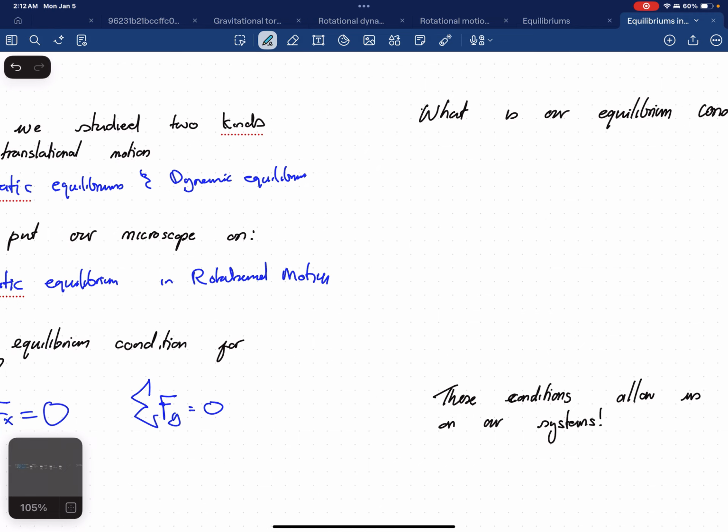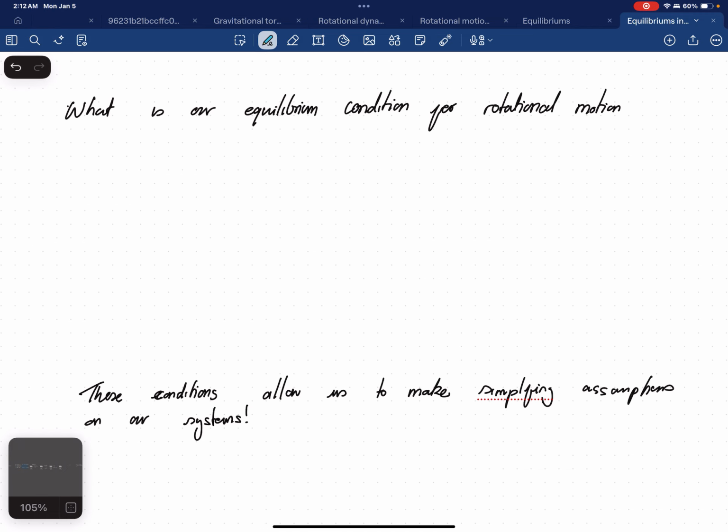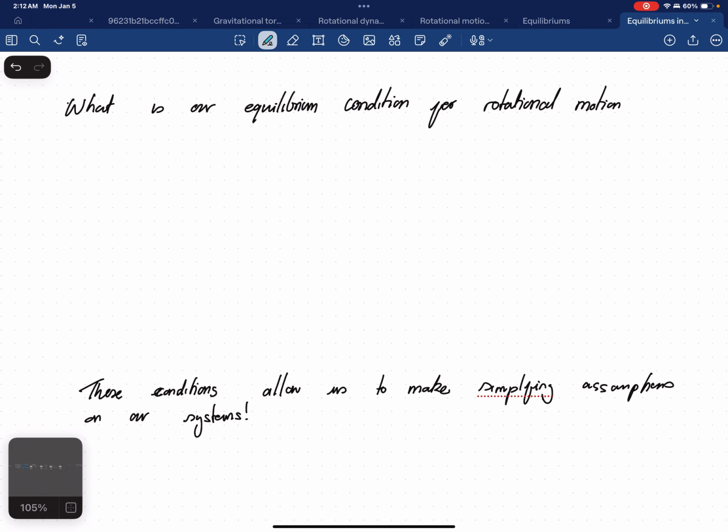So what is our new equilibrium condition for rotational motion? Well, good news for you, it's not that different from the translational motion condition.